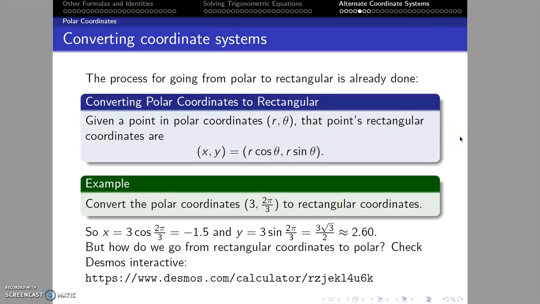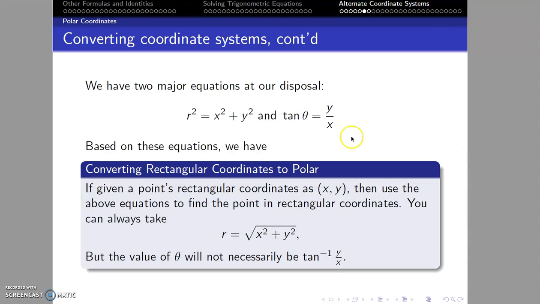And indeed, that is how you go from rectangular back to polar. You use the Pythagorean theorem basically, right? r squared is x squared plus y squared, and if you know x and y, then you know r. And then also, because tangent of theta is the ratio of y to x, you can get your appropriate reference angle.